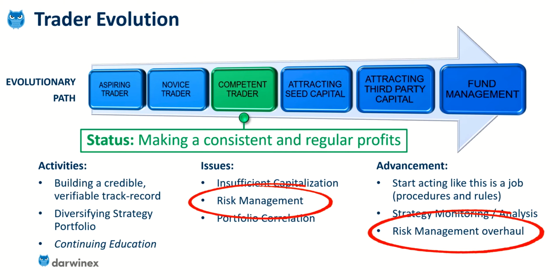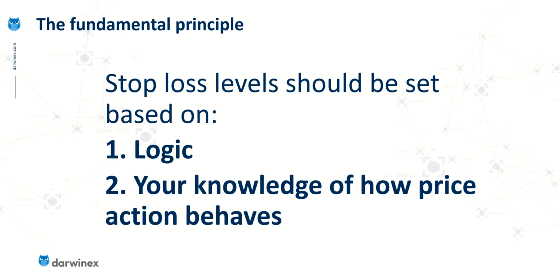Now, the most important fundamental principle, I believe, around stop loss levels is that these should be set based on logic and specifically your knowledge of how the price action behaves. And at this stage, there shouldn't be anything else taking part in that calculation, such as position sizing and so on.